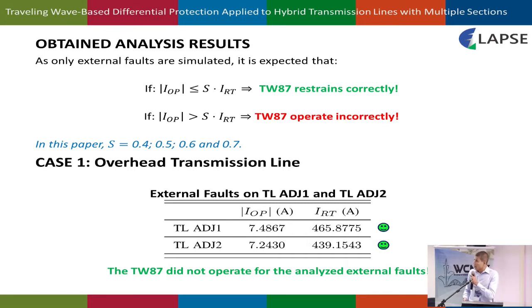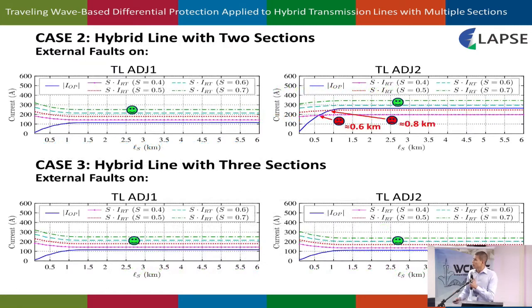In case 1, when the monitored TL is an overhead transmission line, for external faults on TL adjacent one and adjacent two, the TW87 did not operate for the analyzed external faults, correctly. But in case 2, the monitored TL is a hybrid line with 2 sections.